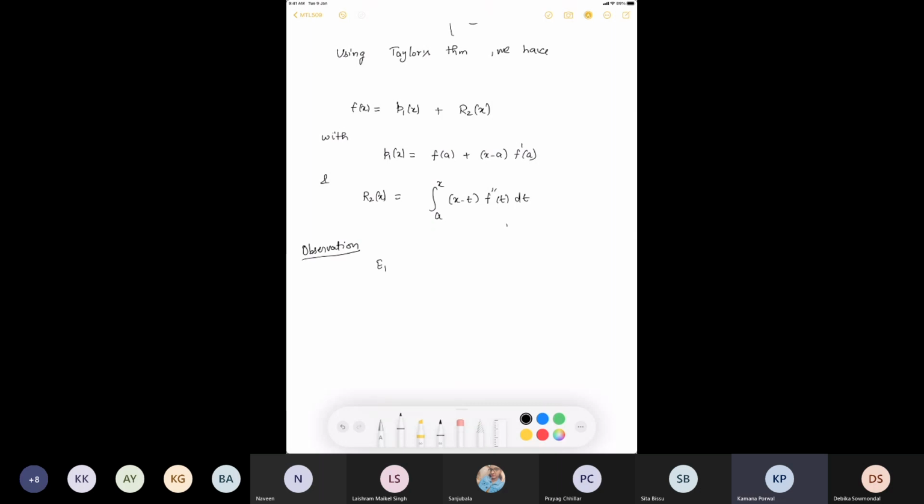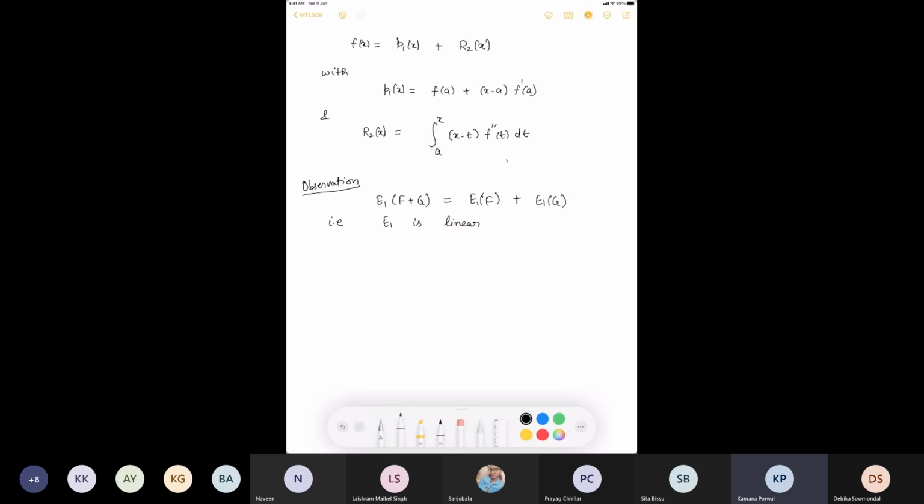So E1, if I take any two functions, let's call them f and g, which are sufficiently smooth functions so that my error formulas make sense, then the error of f plus g is going to be the same as the error in the function f using the trapezoidal rule plus the error in the function g using the trapezoidal rule, meaning that the error function E1 is linear.